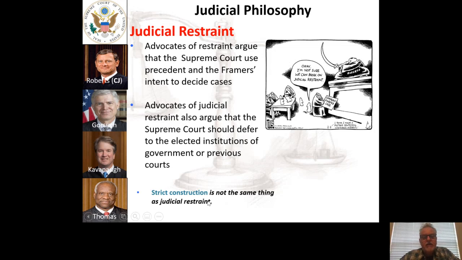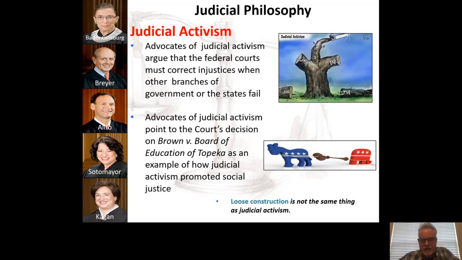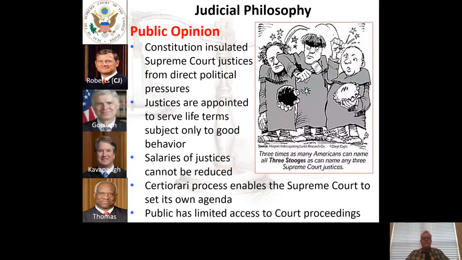If you're doing that, you're a strict constructionist, understandably. You can understand your judicial philosophy, but that would not be a practice of judicial restraint, because it would be overturning a previous court's decision. It would be an example of a strict constructionist practicing judicial activism. And so just because you're a loose constructionist doesn't mean you're an activist as well, in the case that was previously mentioned.